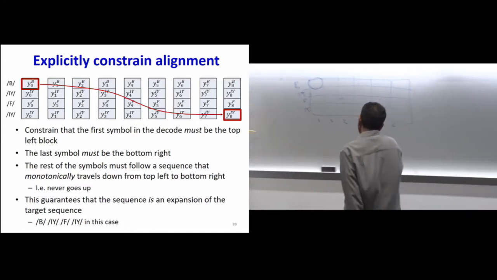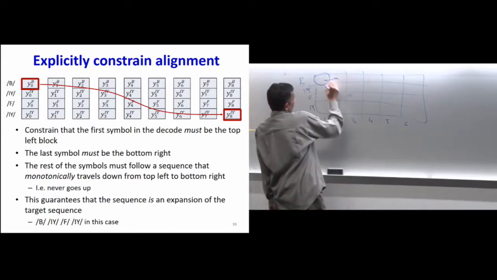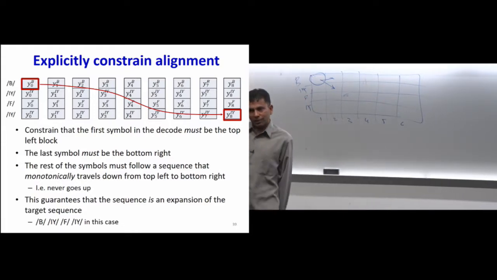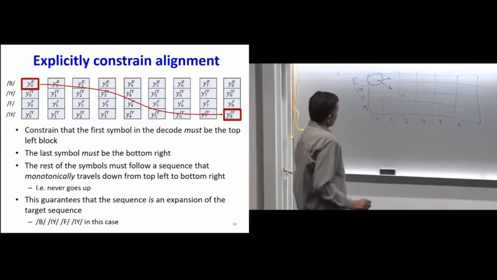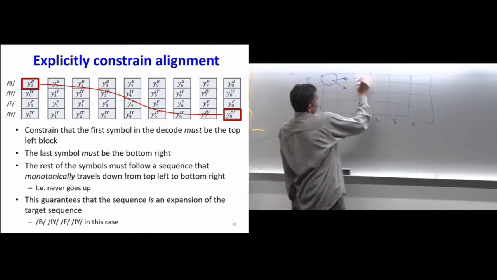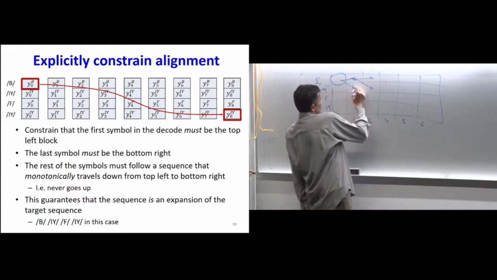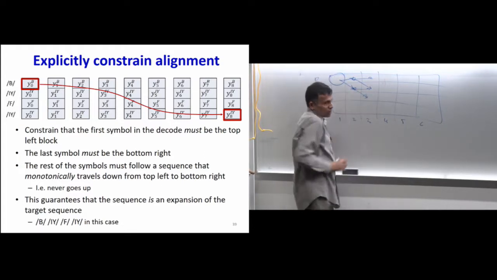So over here, I'm allowed to either choose this one or this one, but not any other. If I've chosen this one, I'm allowed to choose this one or this one.